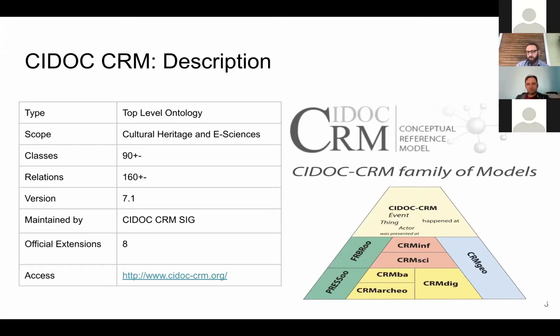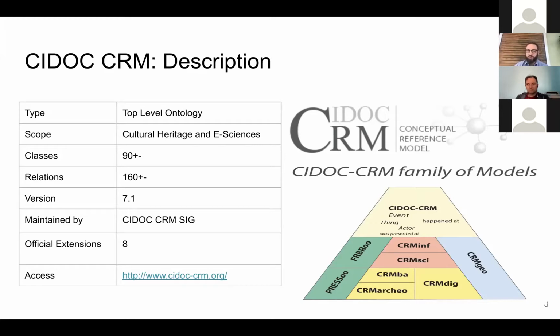CRMarchaeo is an extension for describing archaeological dig information. CRMba is an extension for describing buildings under the particular discipline of building archaeology, so looking at the strata and reconstructing the eras of a building.